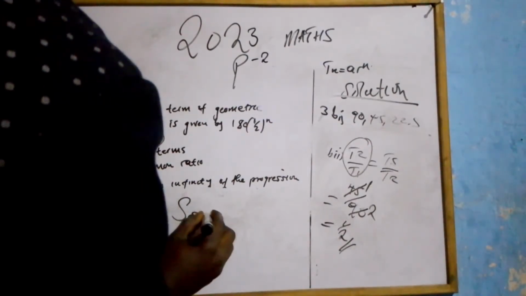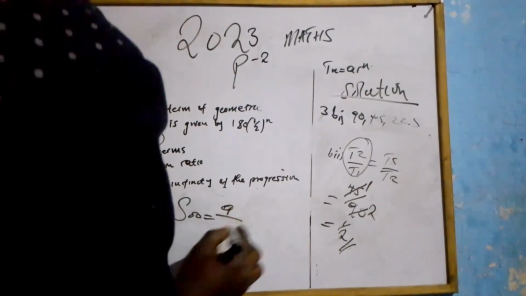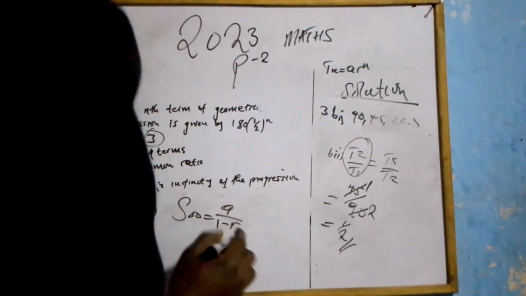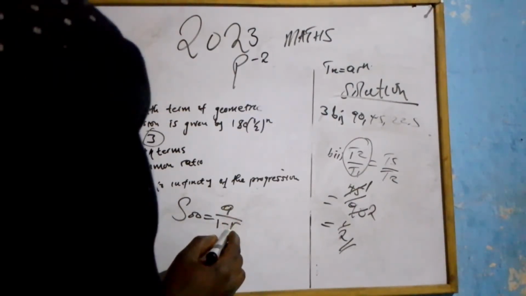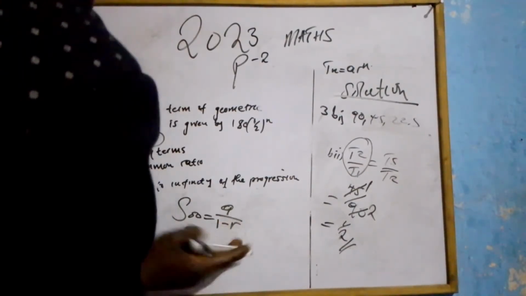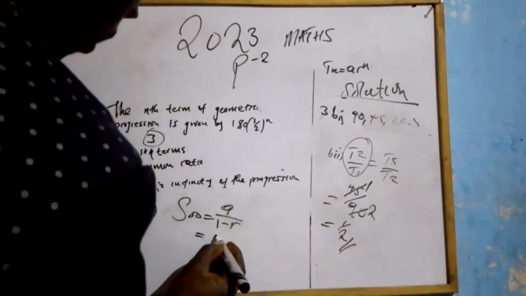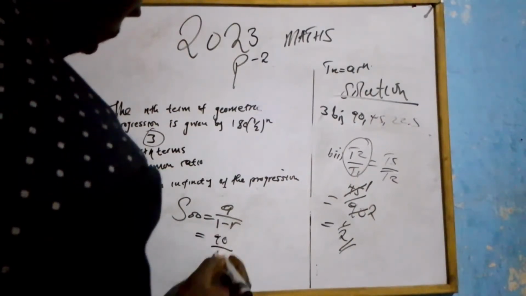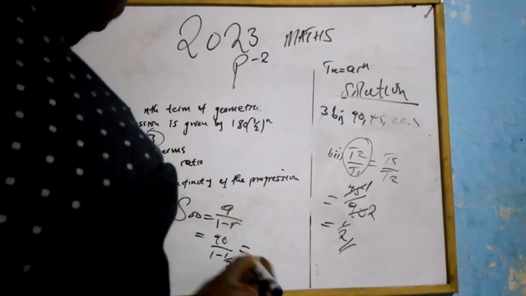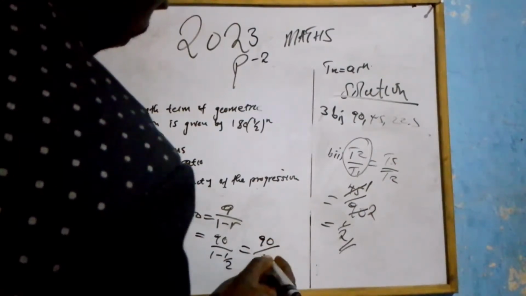Sum to infinity equals first term over 1 minus r, because r is less than 1, that's why we have used this formula here. The first term we have is 90, then 1 minus r, which is 1 minus half, equals half. So we have 90 over half.